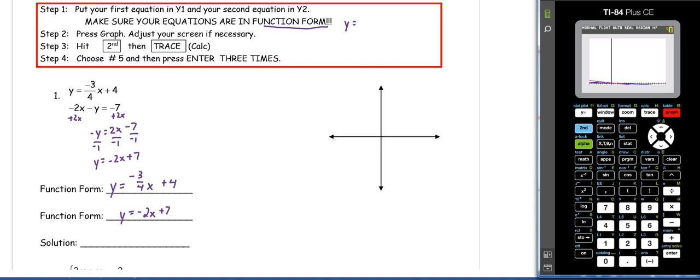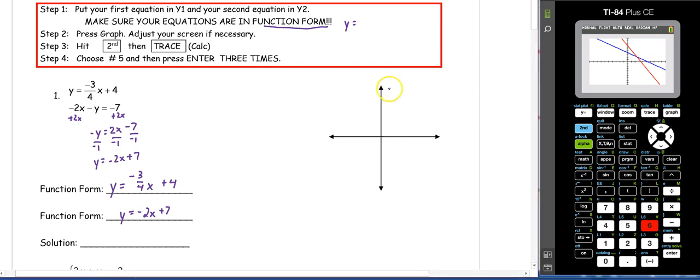In this case, notice that my graph window is a little messed up, so I'm going to hit zoom 6 to reset my window. Now I have my two lines intersecting. I'm going to draw a little picture to sketch what my graph looks like. Remember, it doesn't have to be perfect. You should just have the intersection in the correct quadrant.